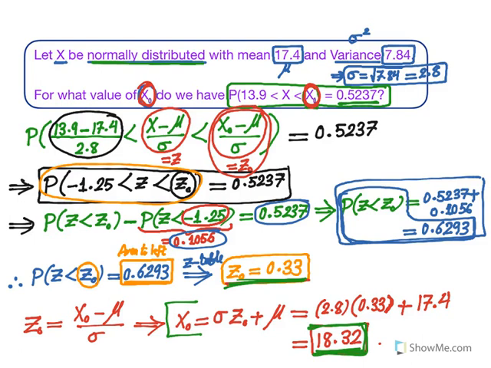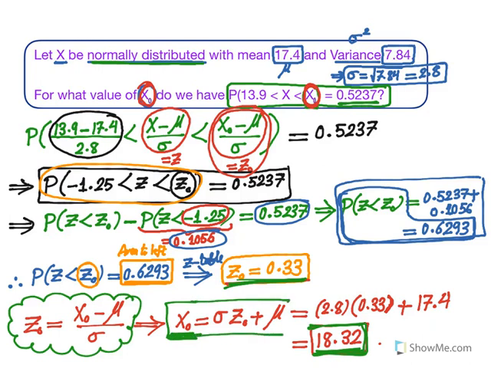But you use z because then you change everything to z, use the z table, and then once you're done, you look at this formula to change. This is how to get the z score from a data value. So if you want the data value, you just use the same formula but solve for x0 in it. And then at the end, your answer is the data value, which is in this case 18.32. And I will stop here.